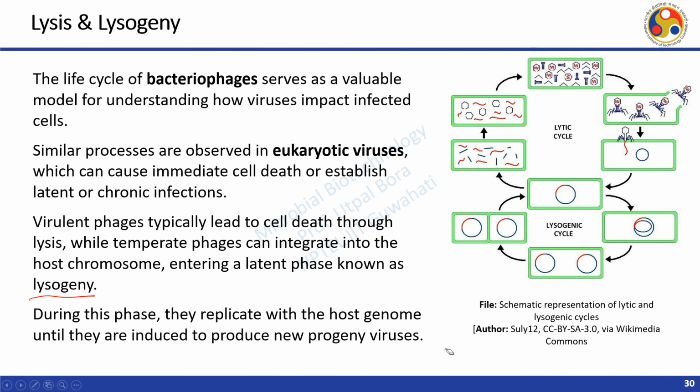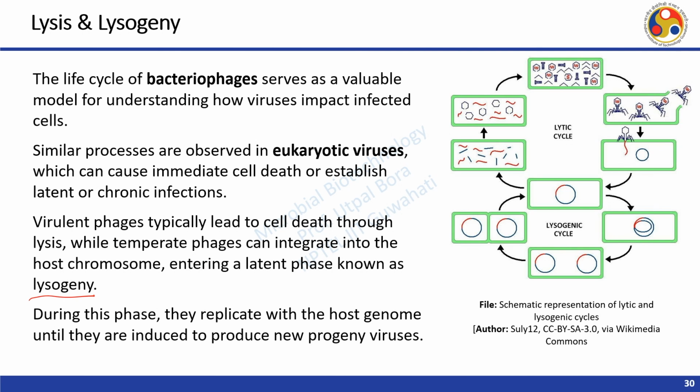Here we can see that after the attachment and internalization of the virus into the host cell, a multiplication of proteins and DNA is happening, and they are getting self-assembled into virion particles, and the cell is broken open here to release the mature virus particles. So, this is known as lysis, which kills the host cell.